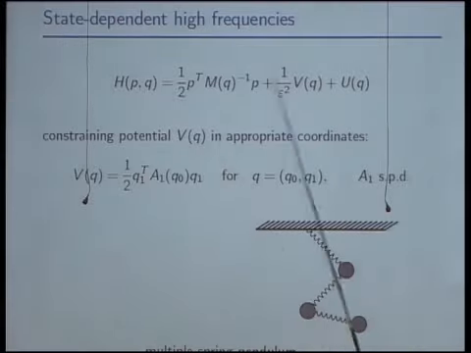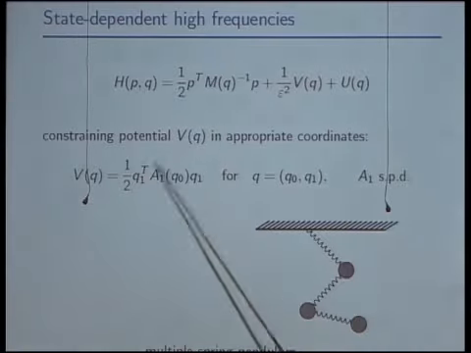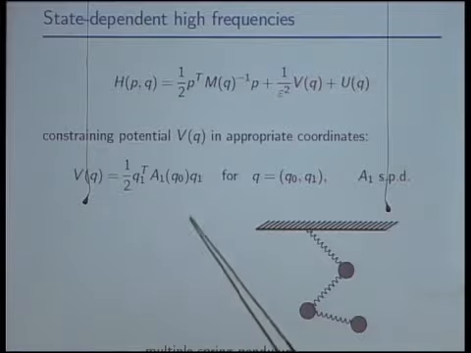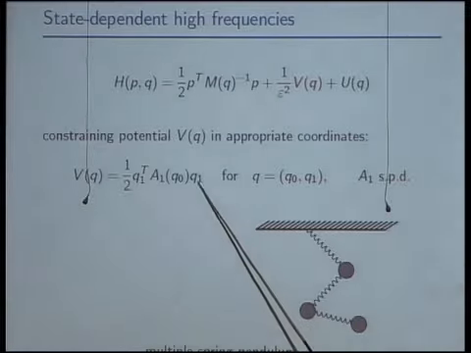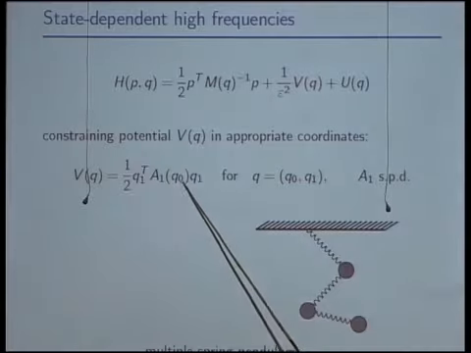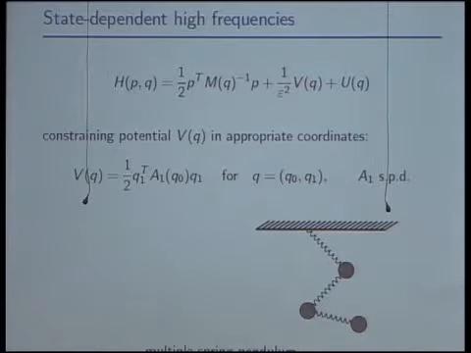And in that case, if I choose appropriate coordinates, this V of q would be just of this form, again with fast oscillatory variables q1 and rather slower variables q0. And this A1 would be symmetric positive definite.